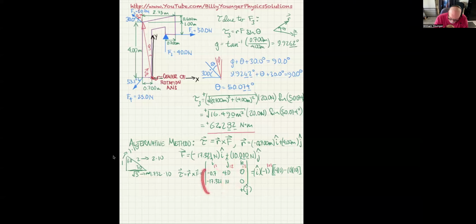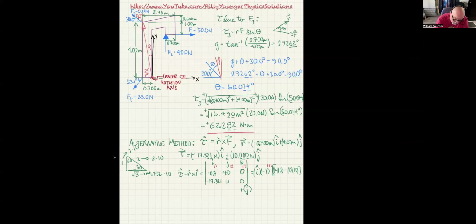Now normally this 2 by 2 matrix would require me to do -0.7 times 0 and then 0 minus 0 times -17.321. But since the j has a -1 that has to be multiplied by it, I'm going to do it in the opposite order. That's how I do it. It's completely up to you what you want to do. So I don't even write the -1 to a power. I only did that in the first one to show you what I was talking about.